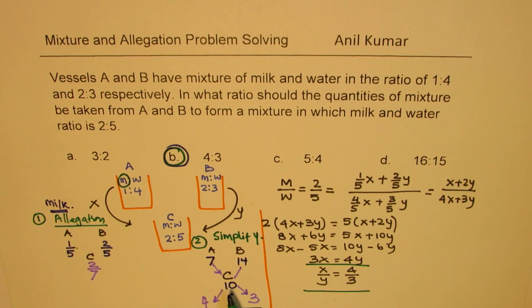You just subtract what you need from the other 2 quantities and write the positive values. You get 4 for A, 3 for B. That is the ratio, 4:3. That's the answer. Does it make sense to you? This is the method we are going to apply now to a more difficult question and see how those kinds of questions can be solved within a few minutes.